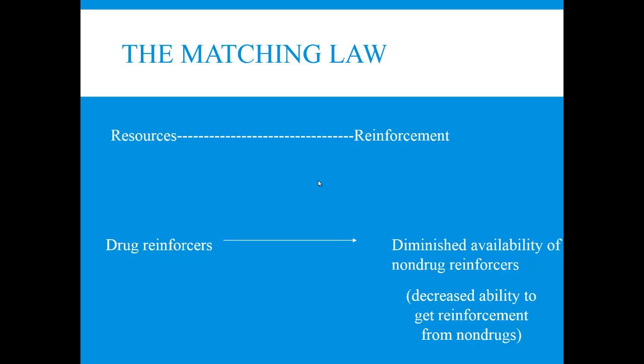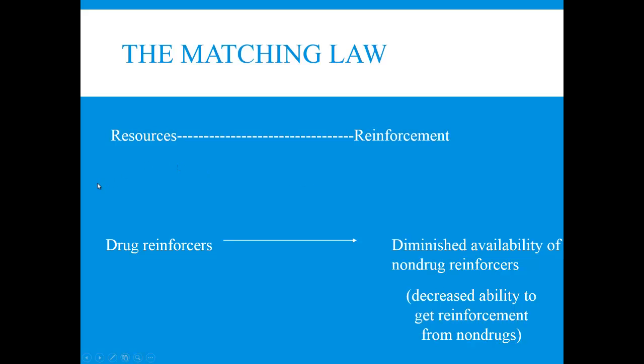So, in other words, if I don't expect to get a great deal of reinforcement out of this drug, I may not invest much time or money into procuring that drug. But if it's something that I know is going to be a very powerful reinforcer, then the individual may be more willing to invest a greater number of resources, etc.